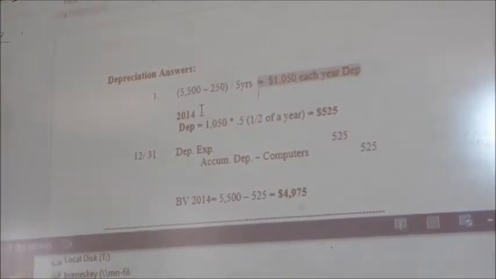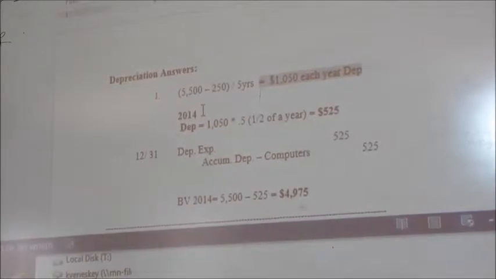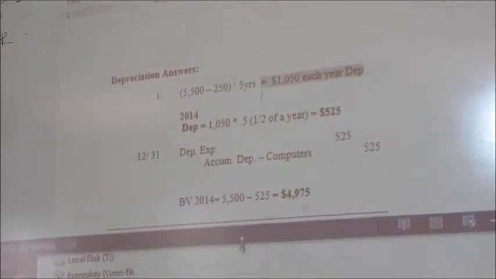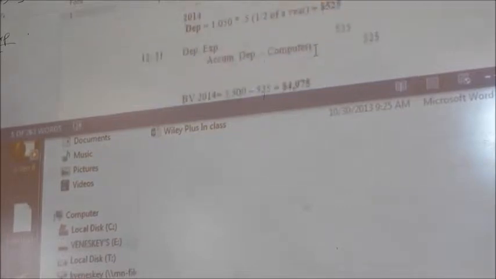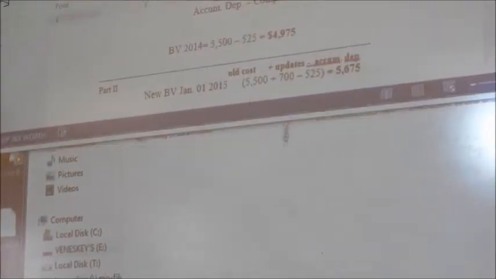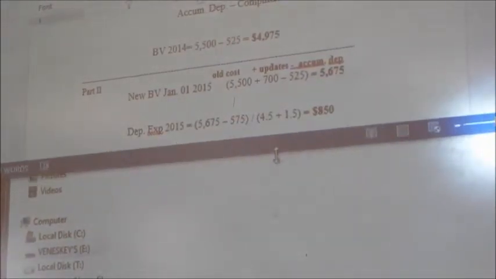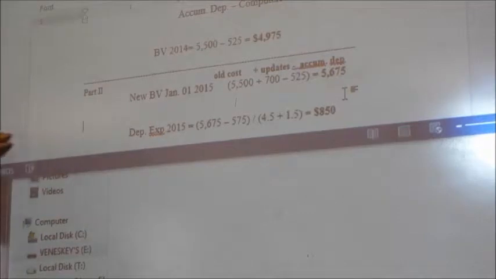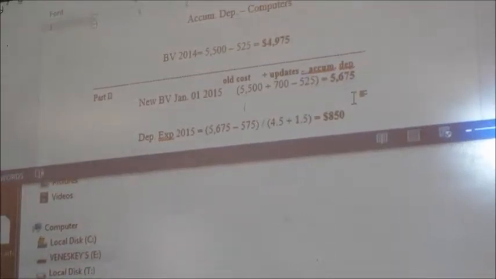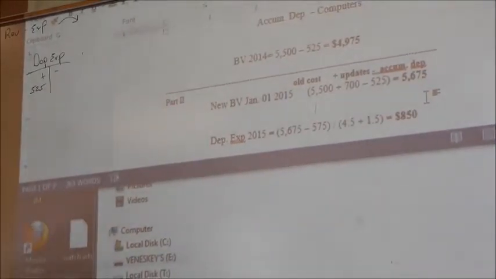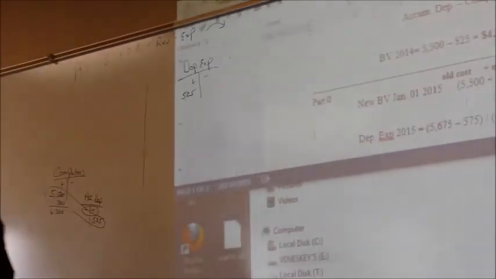$850, yep. Let's look at it. First thing I did is determine the new book value for my equation. Remember the equation, since we can't really use costs anymore, I've got to use book value.